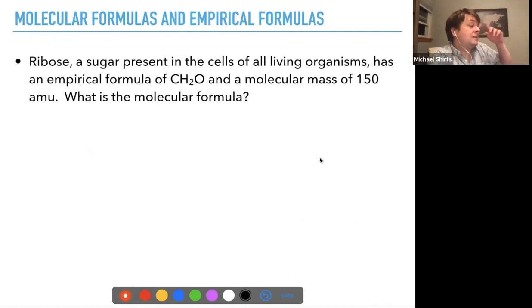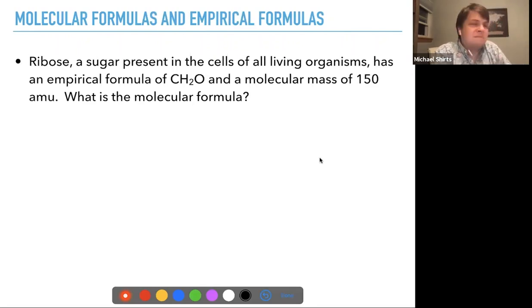So let's say ribose, a sugar present in the cells of all living organisms, has an empirical formula of CH2O and a molecular mass. How do we get it? We won't get into that now, but it has a molecular mass of 150 atomic mass units. What is the molecular formula rather than the empirical formula?